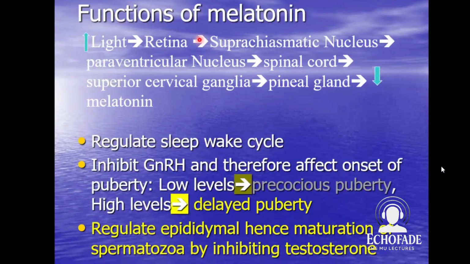And these ones are within the dorsomedialis, ventromedialis, the infundibular, and the tubal nucleus of the hypothalamus. The parvocellular neurons have very short axons.